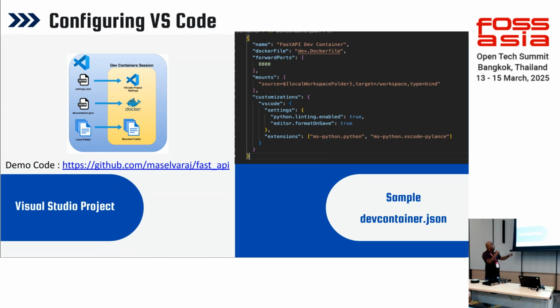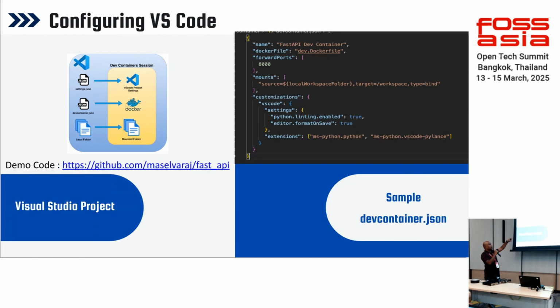And this is a sample Dockerfile. I have started up my application on port 8000 within the container, and forwarded port 8000 means the port will be exposed to the host on port 8000.